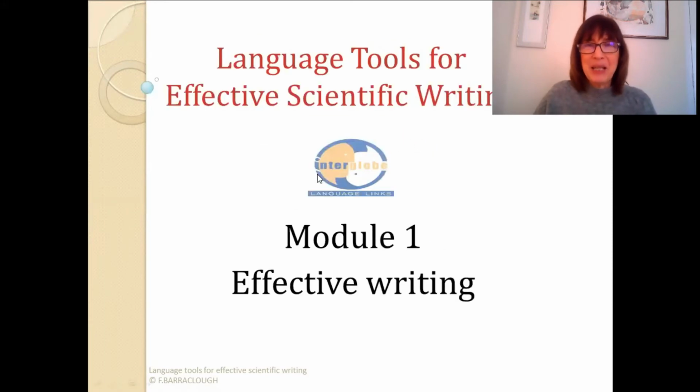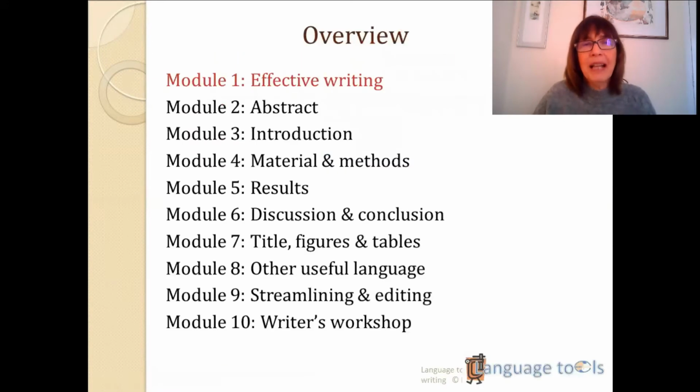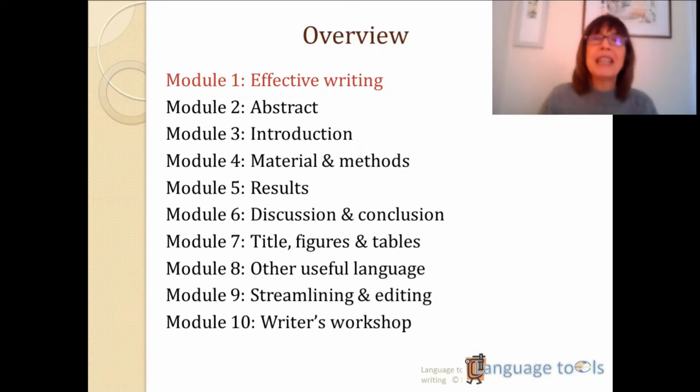So, as I said, this is module 1, where we're just going to be looking at effective writing in general and have a kind of overview of the course. As I said, each module will have a look at a different section in the paper, and within that, obviously, different language aspects. You will be able to see that in the content table that you have.